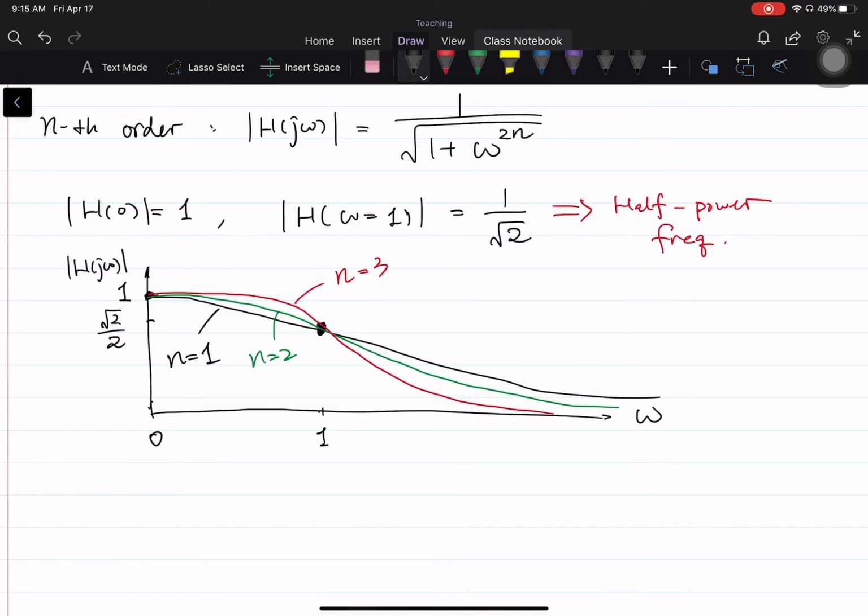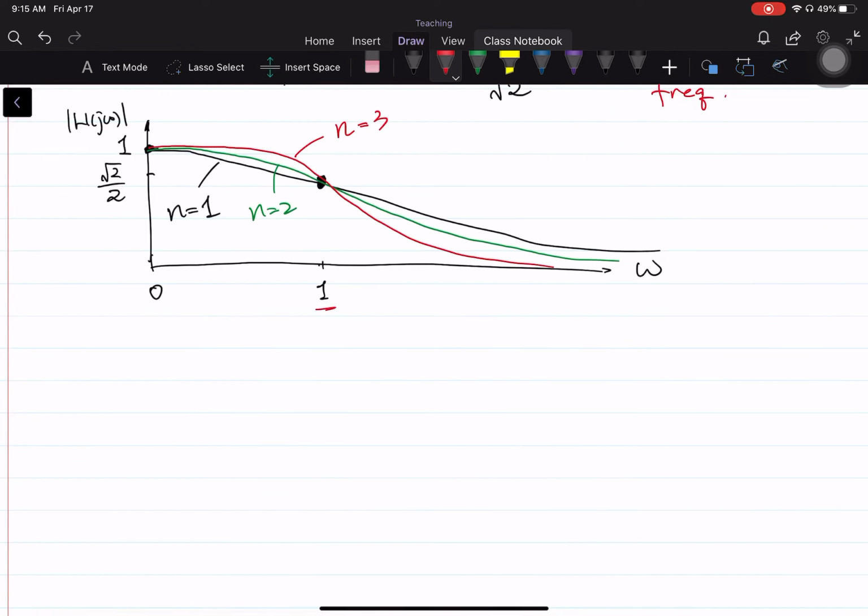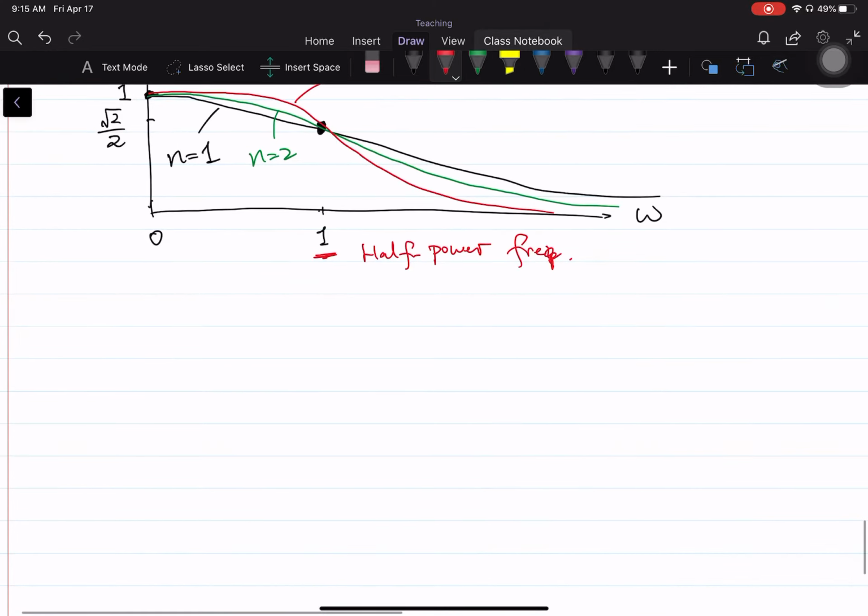So this is the normalized fashion, right? What about if you don't want the half power frequency to be equal to 1? And that's easy.